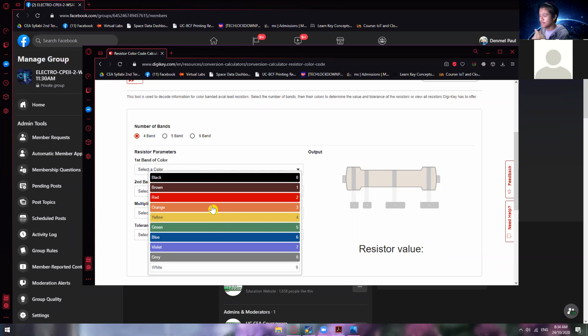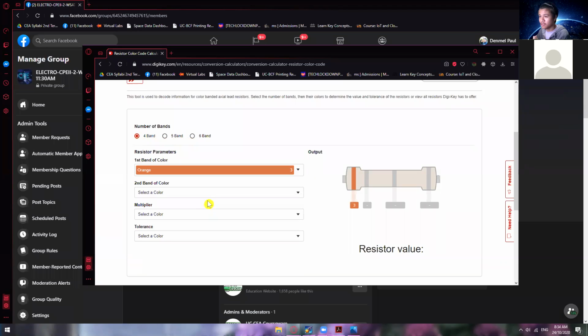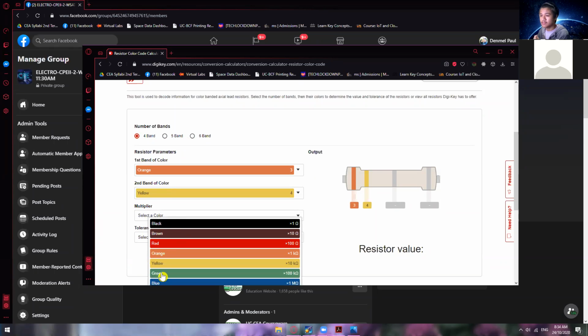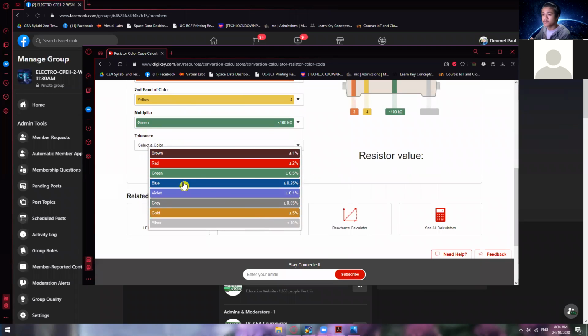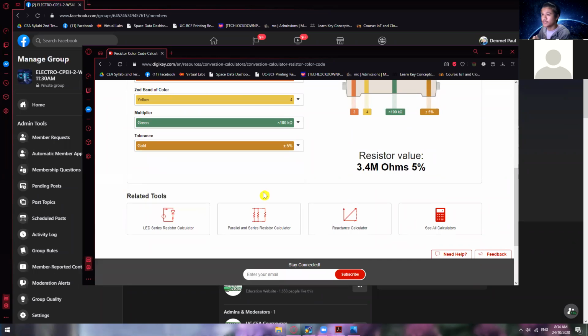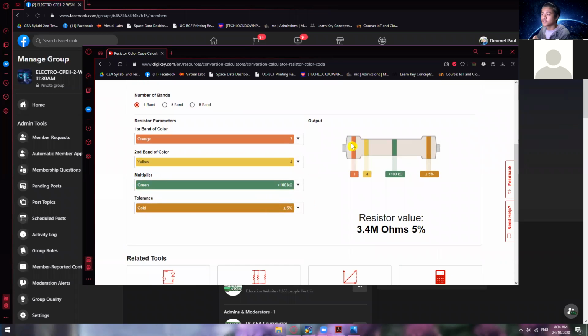Say the first band is orange, the second is yellow, the third is green, and let's say gold for the tolerance. The first band of color and the second band of color represent the number 34, and the third one is the multiplier. So 34 times 100 is 3,400.